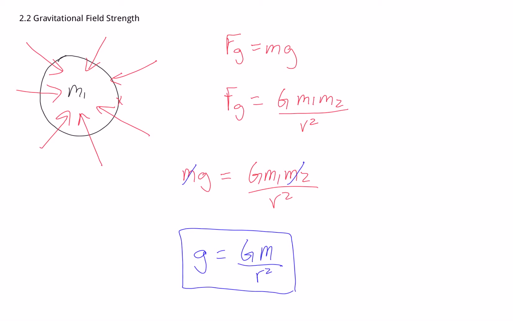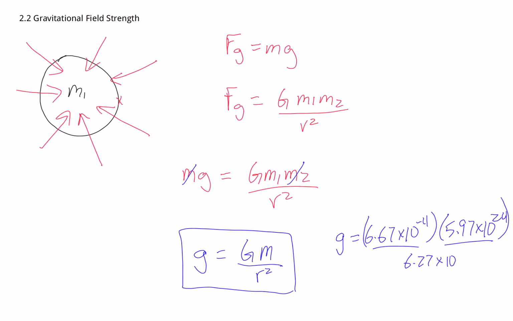So if we plug this into our formula for Earth, so if we put in 6.67 to the negative 11, 5.97 to the 24 for mass of the Earth, and 6.27 to the 6 for our radius of the Earth, and we actually plug that into the formula, we get an answer of 9.81, which we already know is the acceleration of gravity of the Earth. So that's where the 9.81 was calculated from, is using this formula.